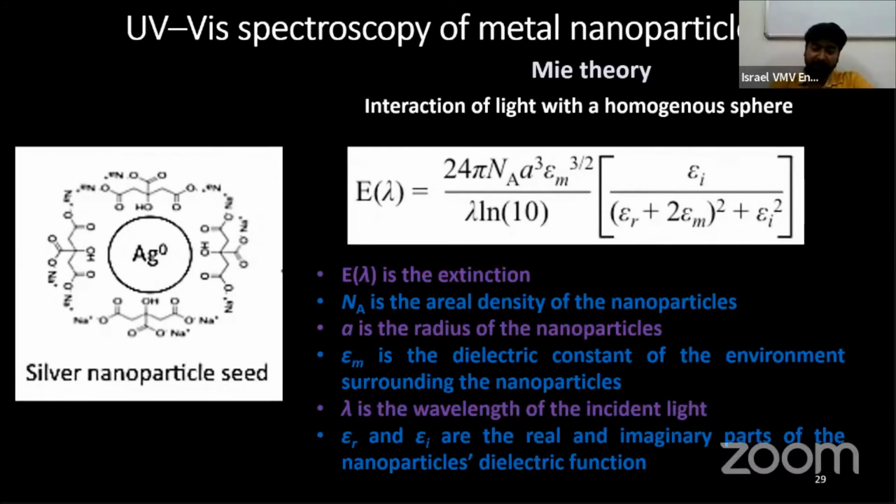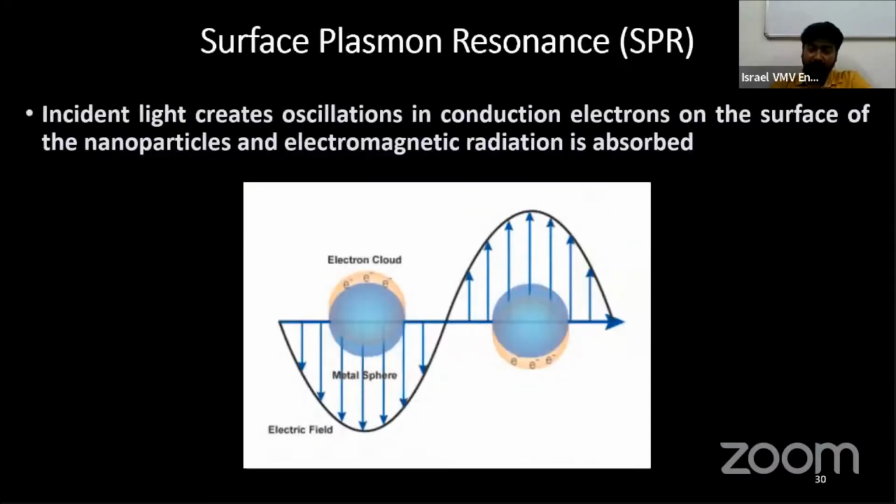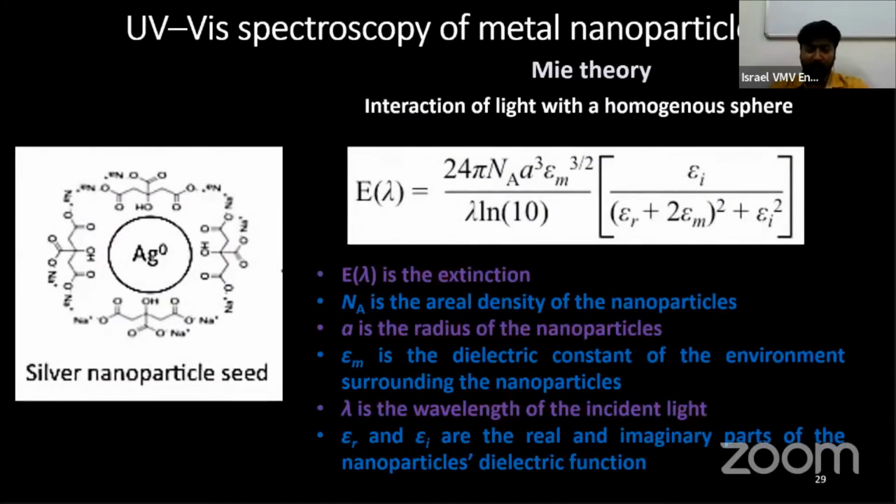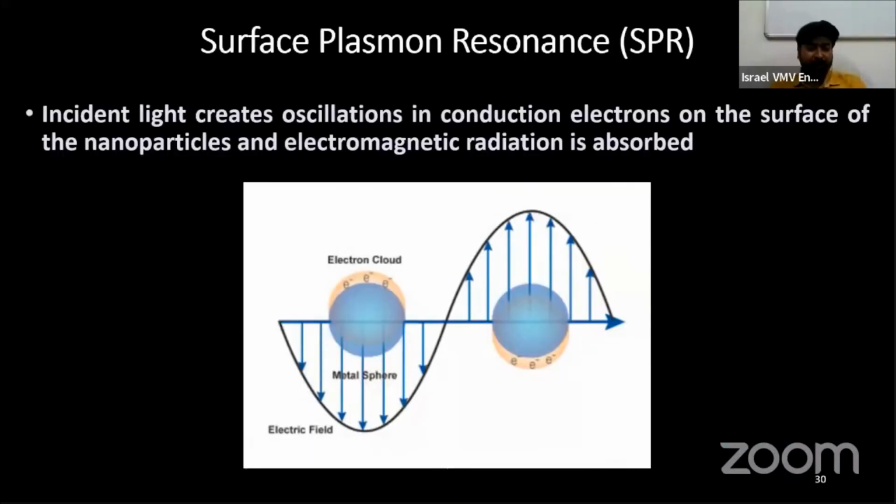By saying size, I mean the radius. The radius makes a difference in the absorption, and so does the wavelength of incident radiation. All these are known. The dimensions also play a role, the areal density. I should mention here, apart from size, shape also plays a role. In the case of metal nanoparticles, for instance silver and gold nanoparticles, the electrons on the surface are oscillating. You call that surface plasmons.